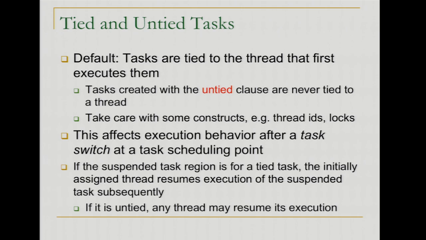The question really is, does the same thread execute it again or not? Most of the time, you probably want the same thread to do it again. So if thread 0 has been executing a task and that task is suspended, when it comes back again, if it's a tied task, it's guaranteed to be thread 0 that completes it as well. Nobody else can.